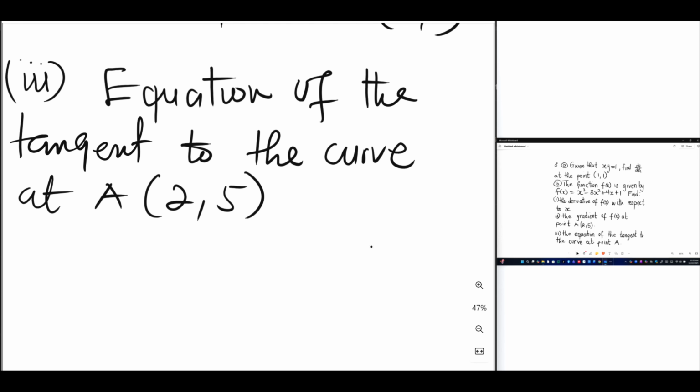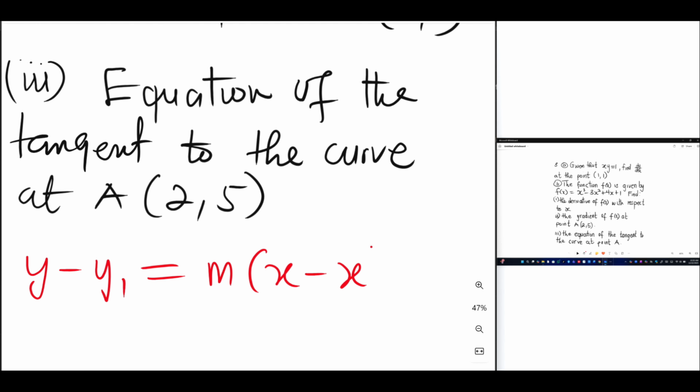We know the formula to be y minus y1 equal to m, which is the gradient, multiplying x minus x1. All right.